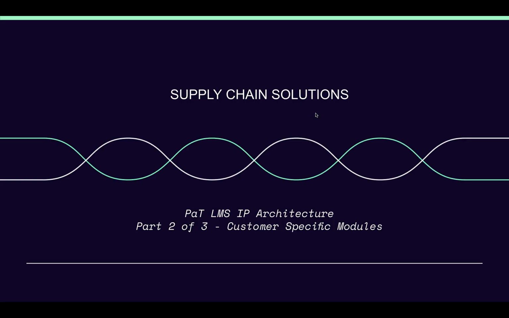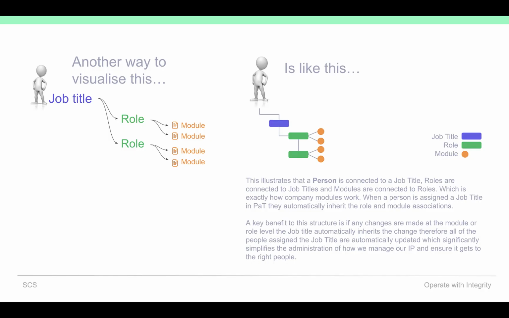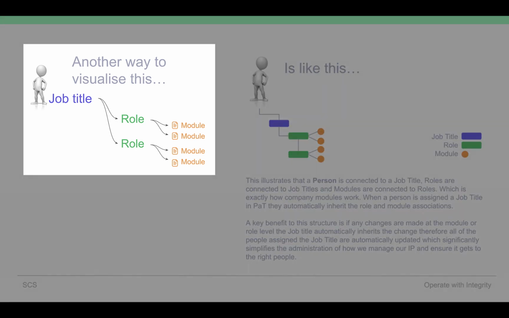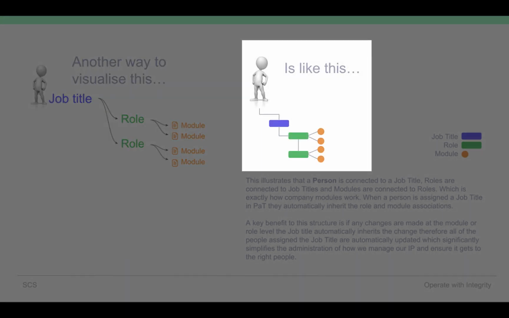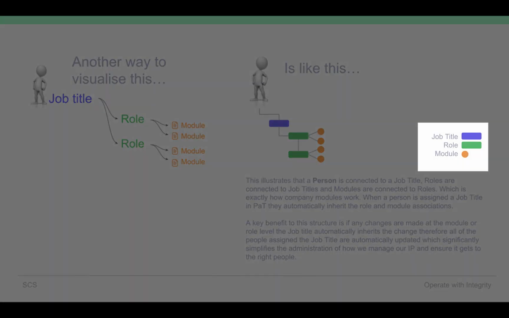Okay, so part 2, customer-specific modules. What we've talked about so far are company-specific modules and how we run the business. To explain this, I want to expand our thinking, our knowledge. Another way to visualize this is like this, where purple's the job title, green's the role, orange is the module.